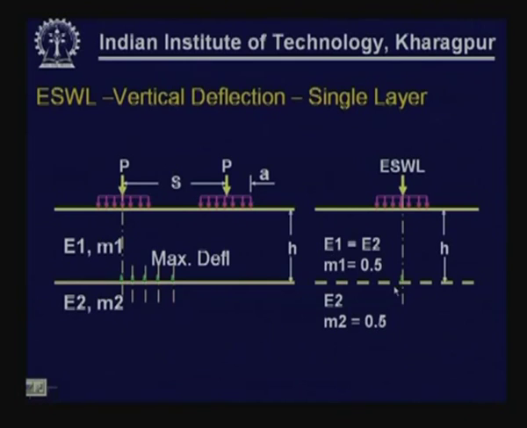So, we will try to work out where the maximum deflection is going to be for the system on the left hand side. Then the wheel load that will produce the same amount of maximum deflection as the left hand side system will be the equivalent single wheel load.